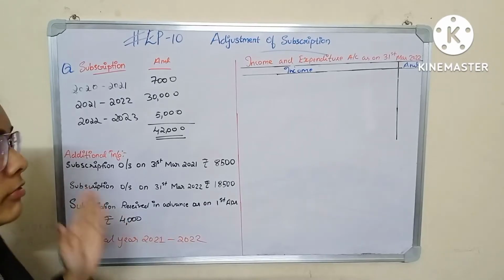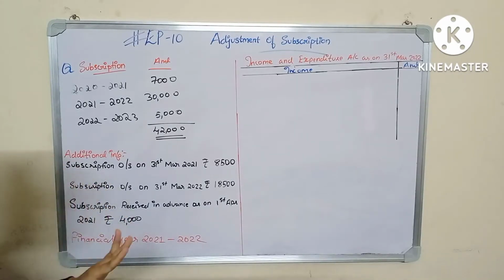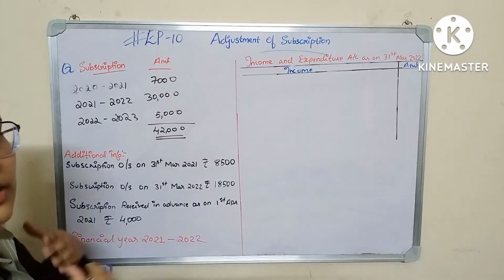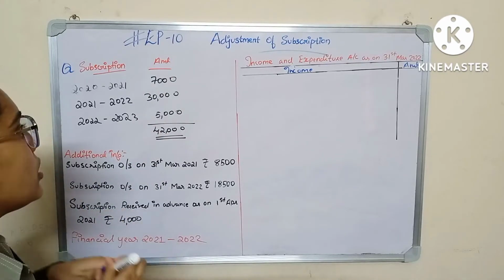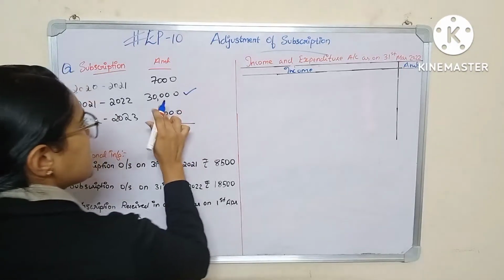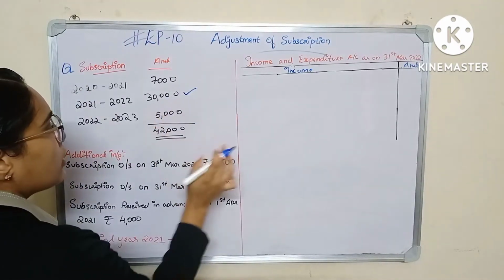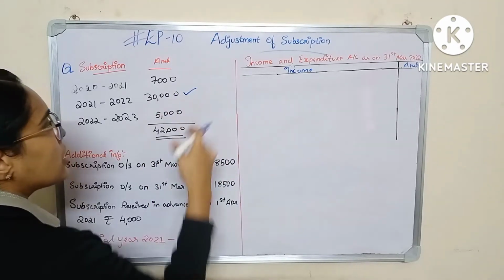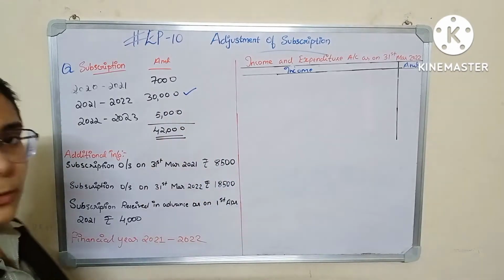If such figures are given, you need not get tensed, because you only need this amount, the current year's amount. You need not take the total amount.